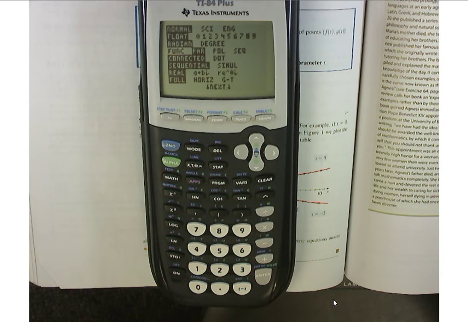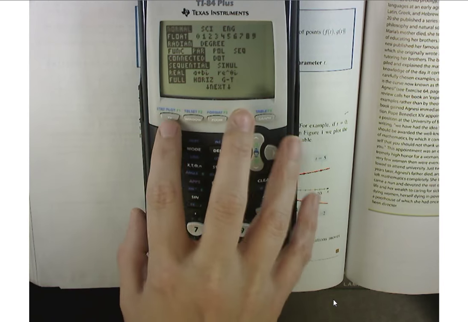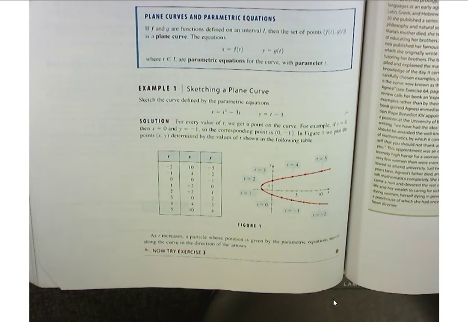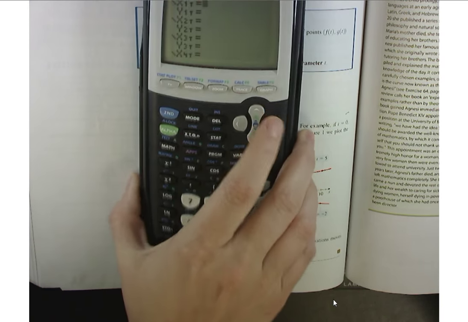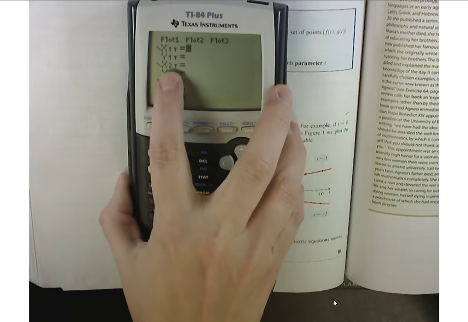Now we're going to go to y equals. Remember with y equals, when we were in polar form, instead of y equals, what did we have? We had r equals. Now that we're in parametric form, let's look and see what we have.